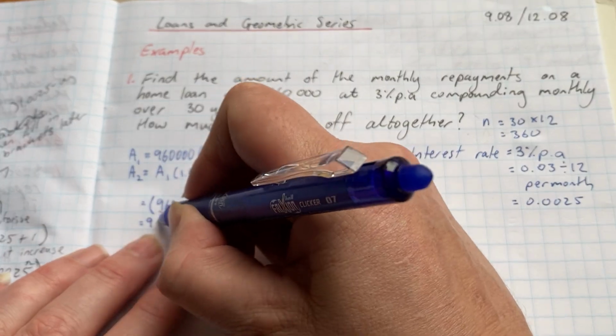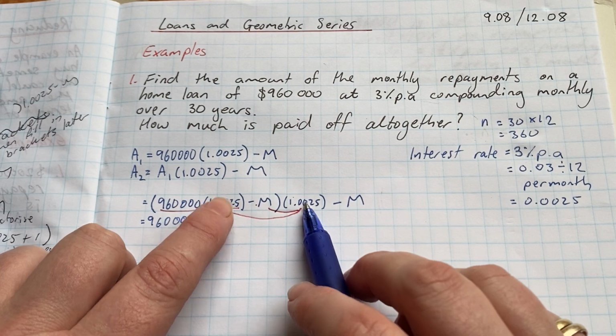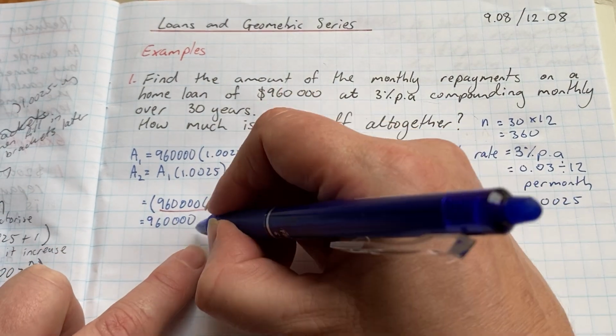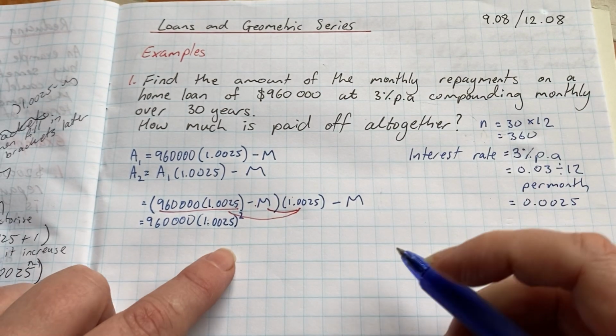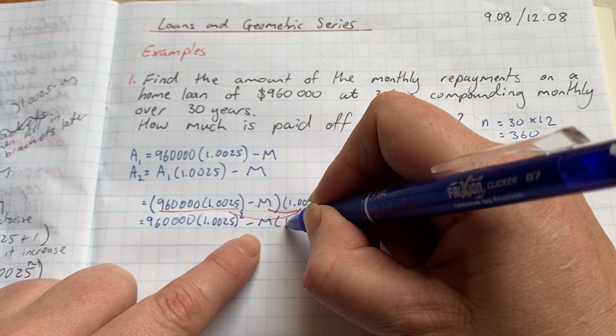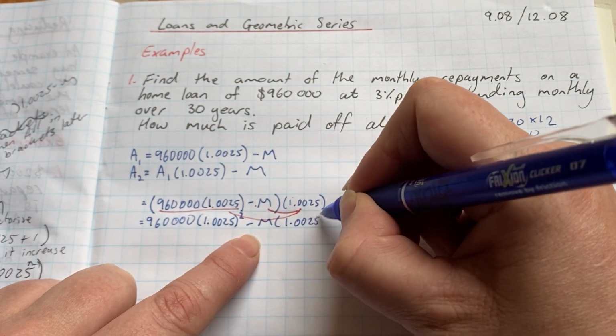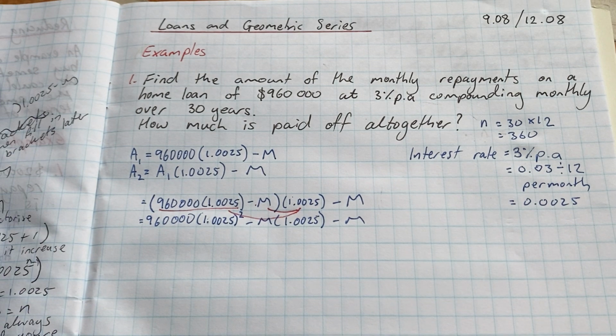It's 960,000 times that, so it's 1.0025 squared, minus M times 1.0025, minus M. Okay, and now we do the same thing again, one more month.